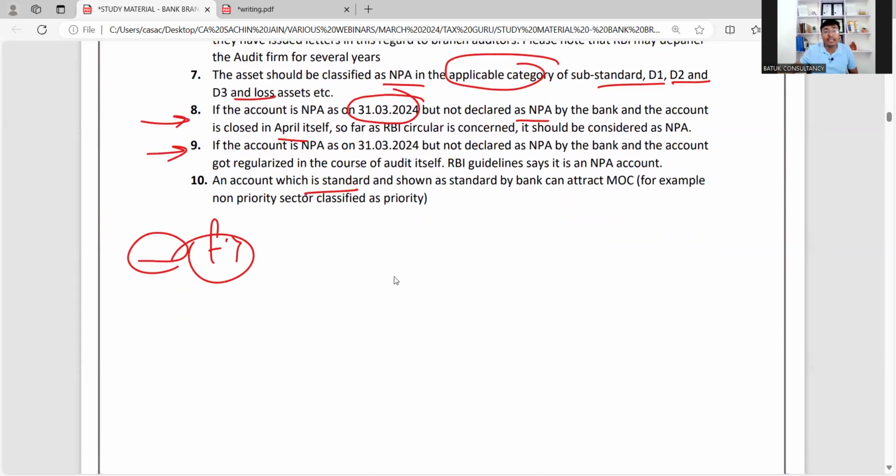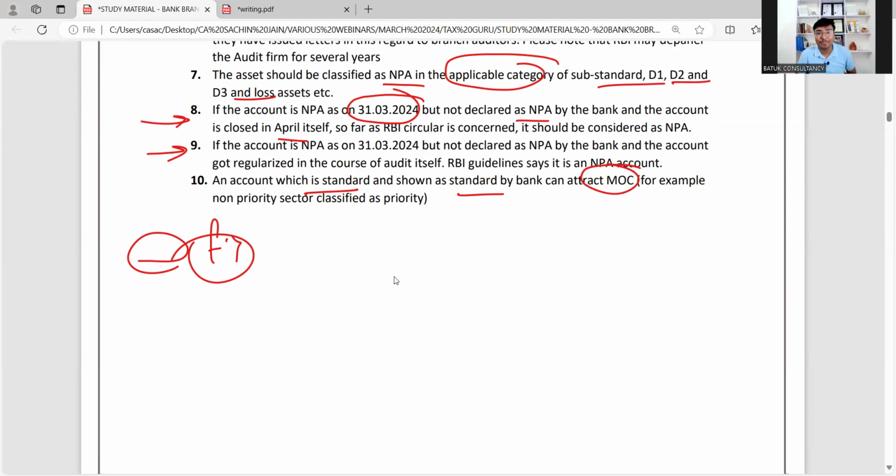An account which is standard and shown as standard by the bank can attract MOC. Sir, ये कैसी बात कर दी? If a particular account is a standard account and bank has also classified it as a standard account, then how can MOC be given? So if there is wrong classification, suppose that loan is a non-priority sector, but the bank has classified it as a priority sector.